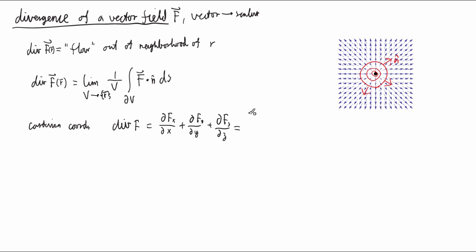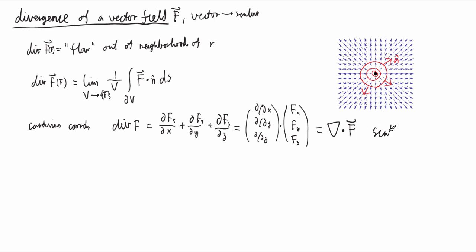This, if you like, can be seen as a scalar product between the vector (∂/∂x, ∂/∂y, ∂/∂z) and the vector F. So we can write this as nabla scalar F. That's the divergence of F. And like I said, this is a scalar. So what we have here is a function that takes a vector, F, and turns it into a scalar.